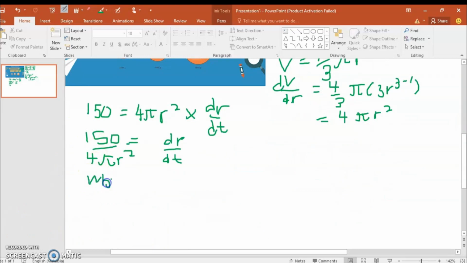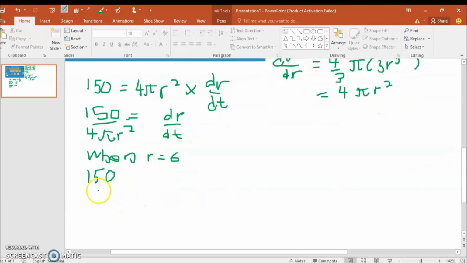When r equals 6, 150 over 4 pi 6 squared equals dr/dt.